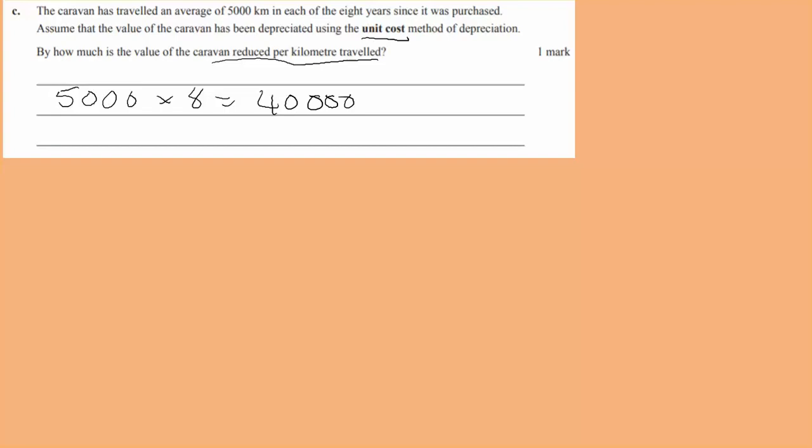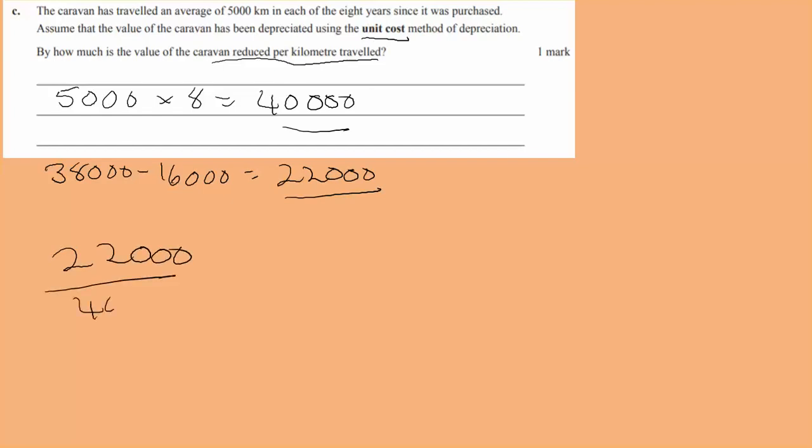I already worked out the amount it depreciated earlier, but I'll just do it again. 38,000 minus 16,000 equals 22,000. So in 8 years, it depreciated 22,000 and it travelled 40,000 kilometres. So to work out how much it is, I'm going to do the price divided by how much it had travelled, which will give me that answer.